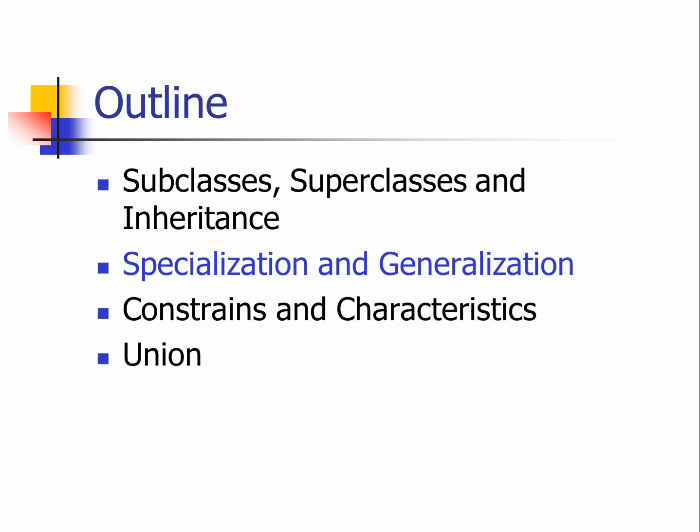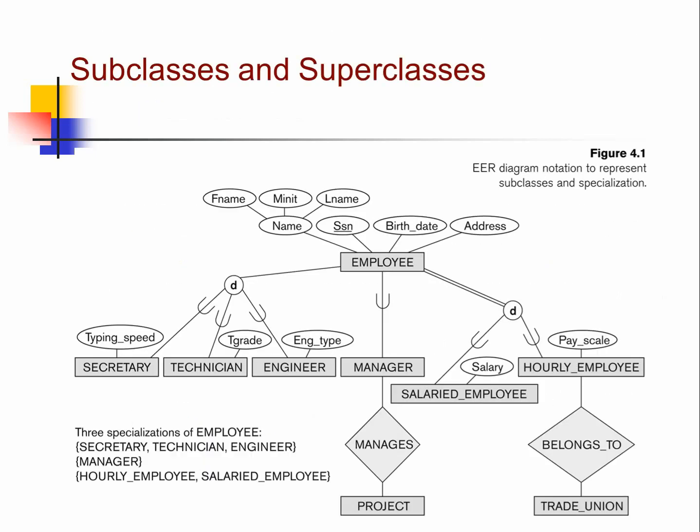So if we look at the slides one more time, if I ask you what are the attributes describing the secretary, the attributes will include the local attribute that only exists in the subclass, which is typing speed, plus name, social security number, birthday, and address.